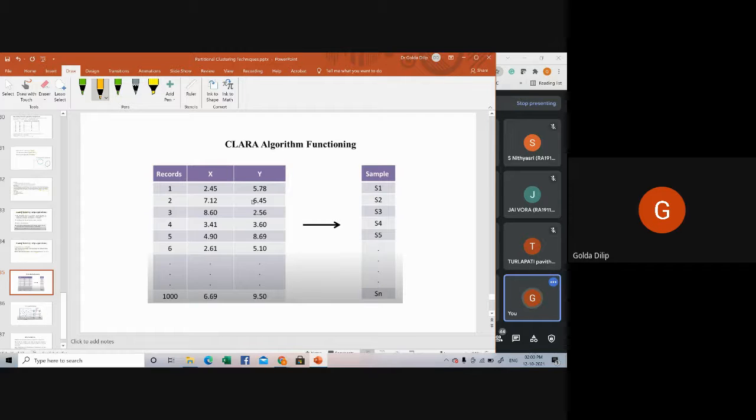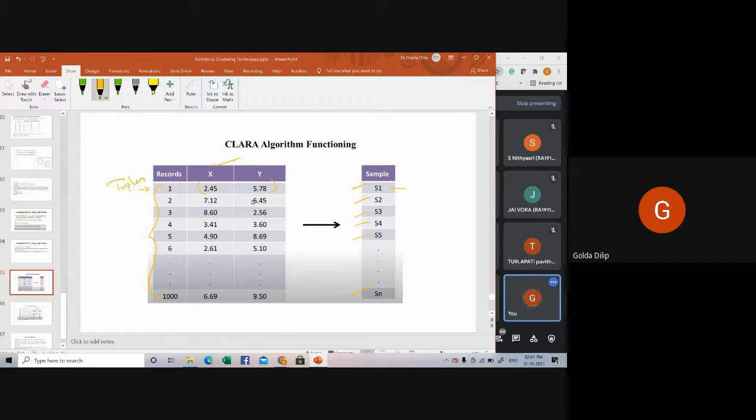So this is the CLARA algorithm's functioning. You have these records or tuples, whatever you want to call them. Say you have around 1,000 records or tuples, each with its coordinate values. You choose the samples S1, S2, S3, S4, S5 up to Sn, and each sample can be of some size, say 20 records or 40 records, depending upon how you divide the population.